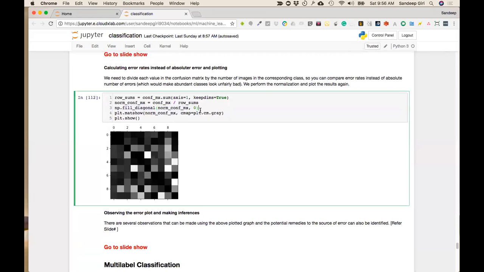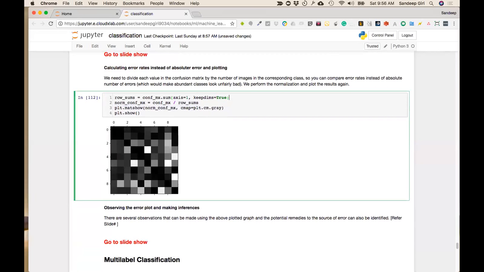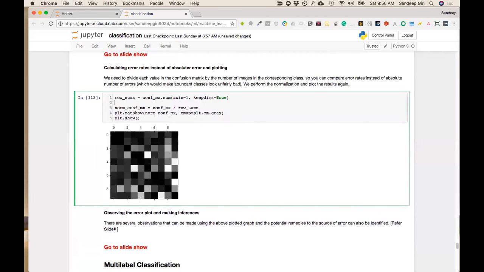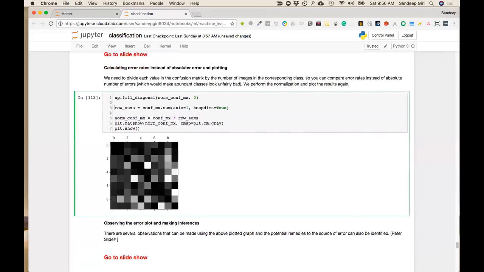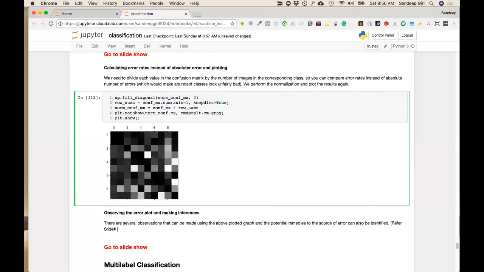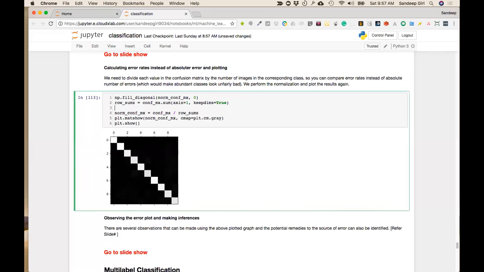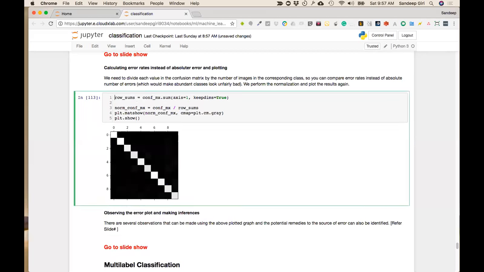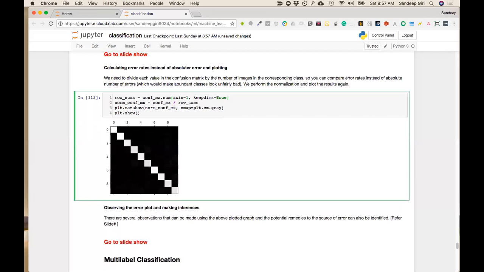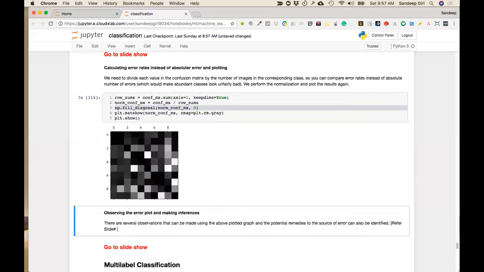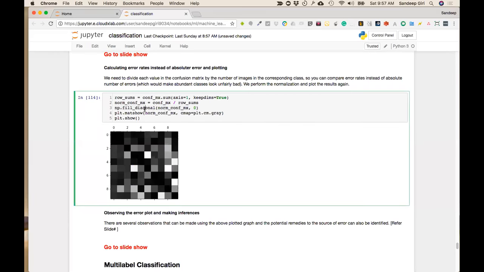Actually, I would love to do it without that first. Let me see how it looks without. Okay, so all I did was I filled the diagonal of this one with zeros.